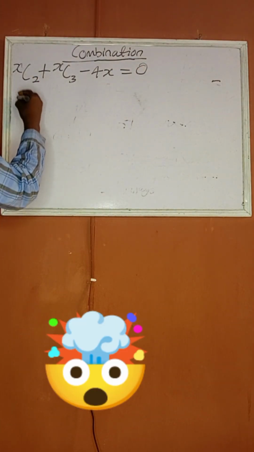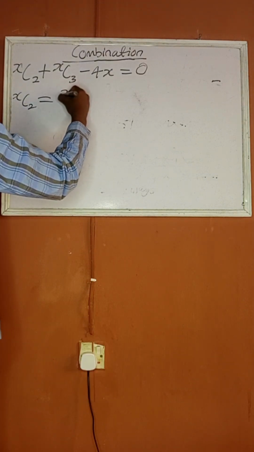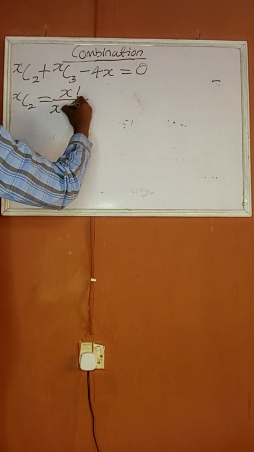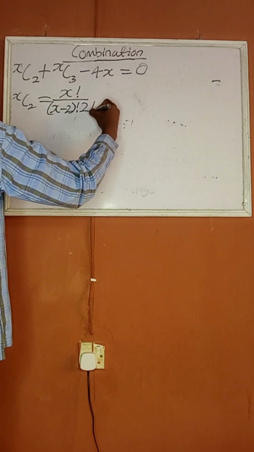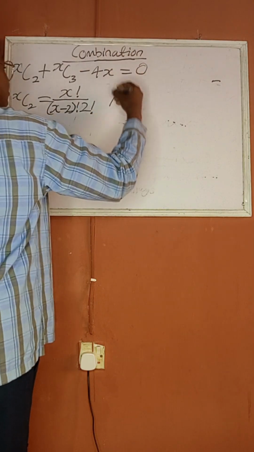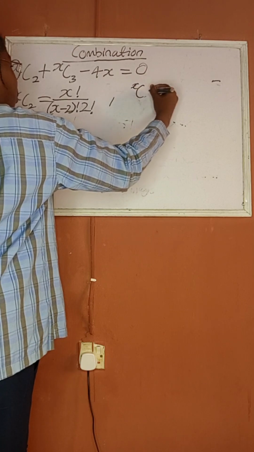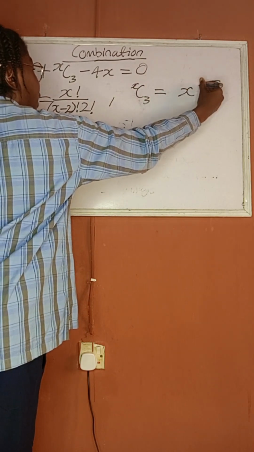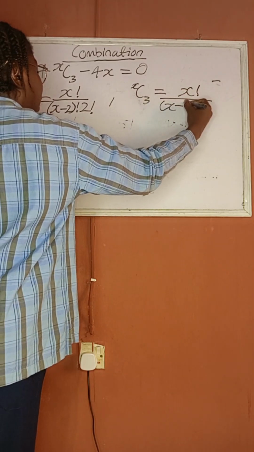So x combination 2 is equal to factorial x all over factorial x minus 2, factorial 2. And then for x combination 3 here, x combination 3 is going to be equal to factorial x all over factorial x minus 3, factorial 3.